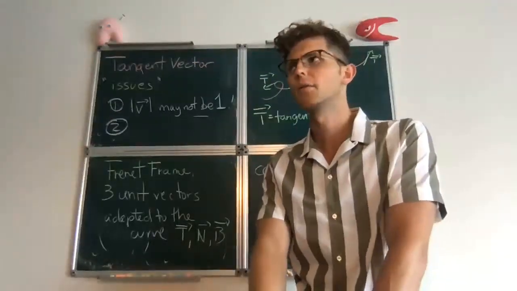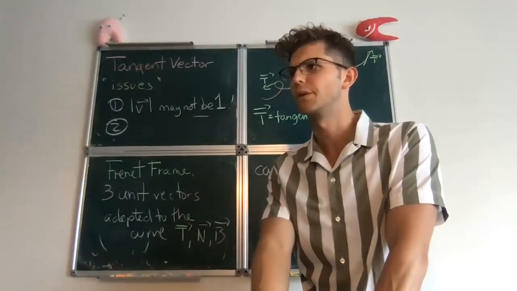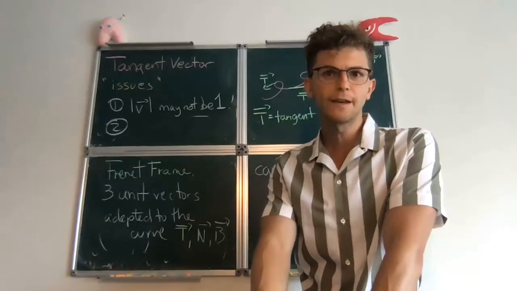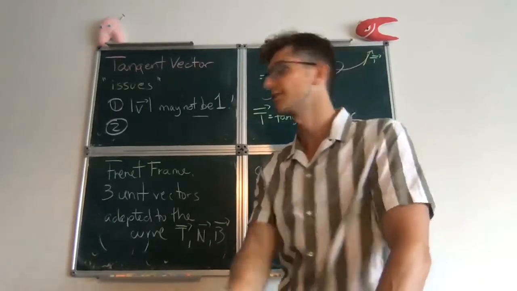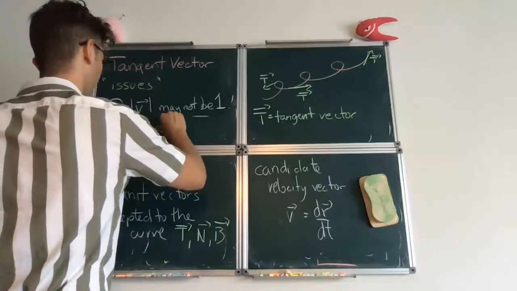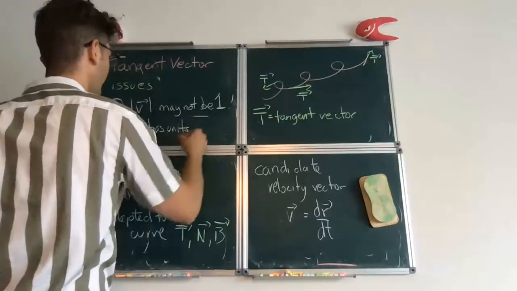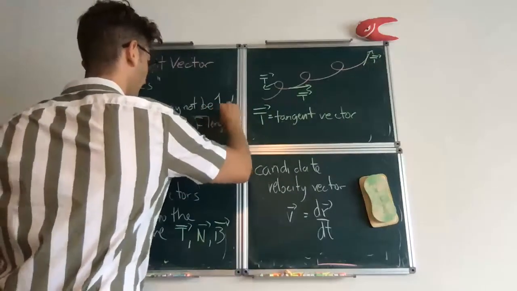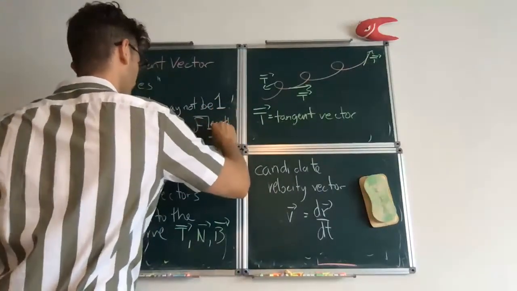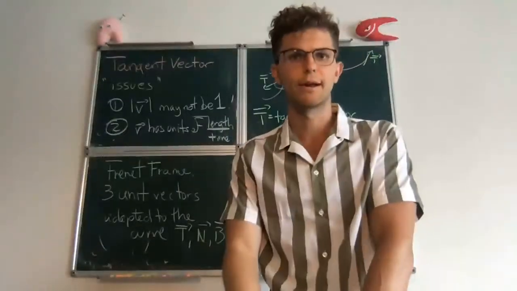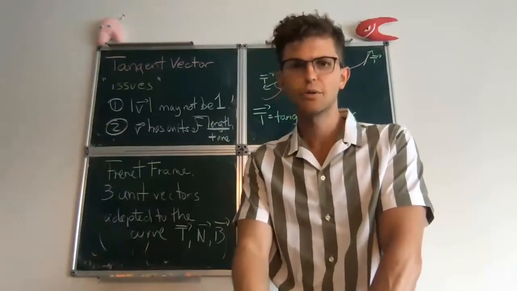There's another one which is more philosophical, if you think about it from the physics perspective, which is that v has units, right? So v is a velocity vector, so it has units of length over time, like miles per hour, meters per second, and so on.